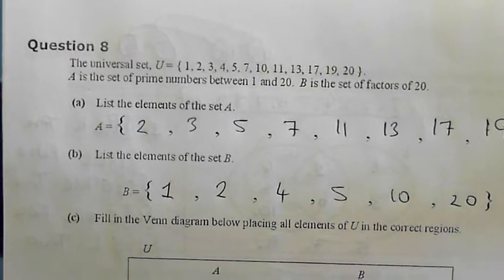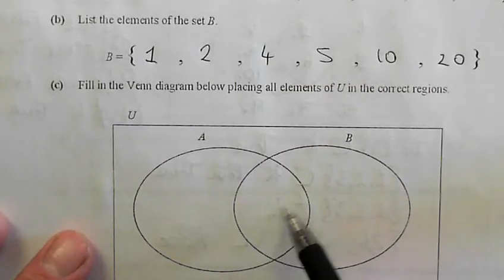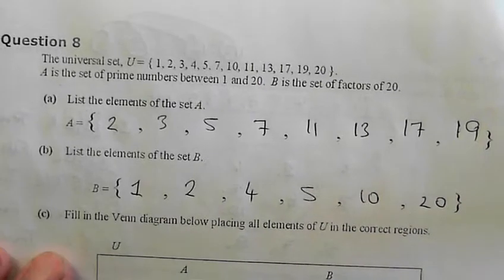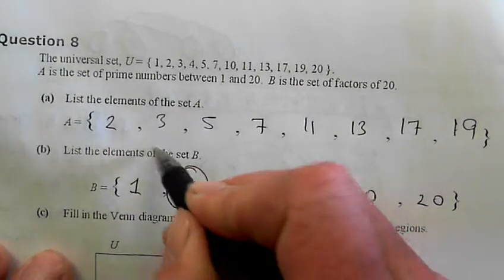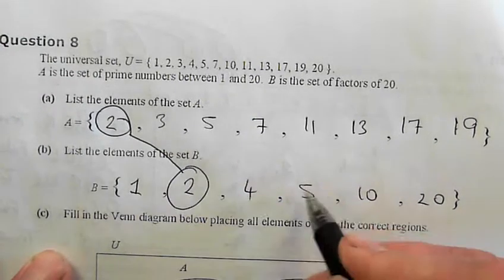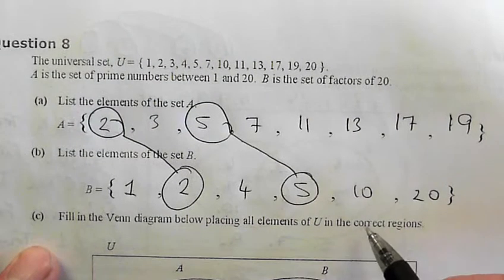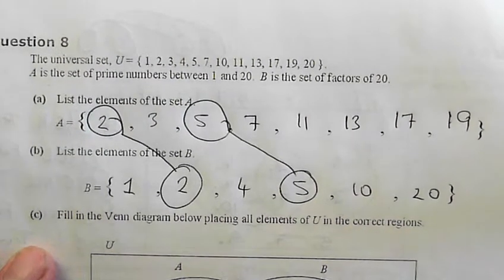Fill in the diagram. So first of all, the first thing we have to concern ourselves with is the middle bit. What's common to both? There's 2 common to both. There's 4. No. There's 5. There's 10. No. There's 20.